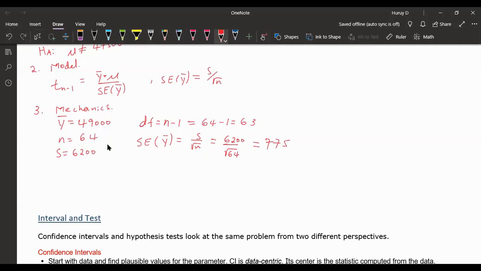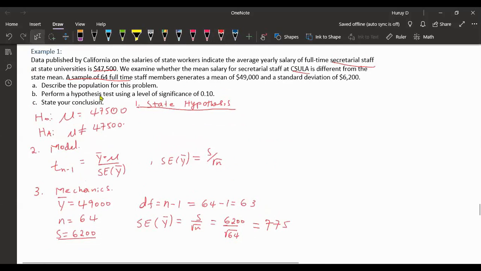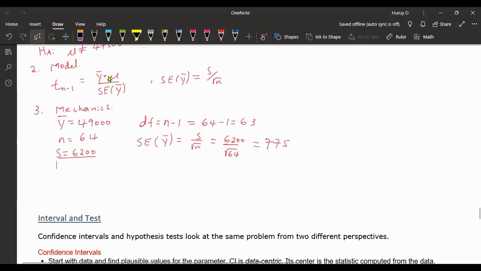This is the standard deviation of the actual data of these 64 staff members. But standard error means the standard deviation of y bar. Well, we don't call it standard deviation in this case; it's standard error because it's s over square root of n. So always use this one, not that one. This is for y bar. This is for the y's, the actual data.